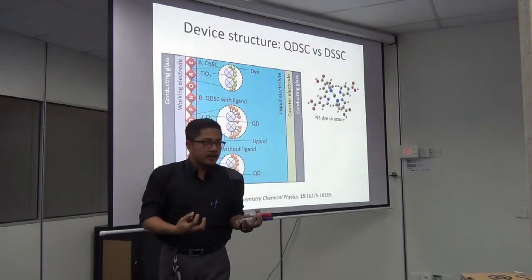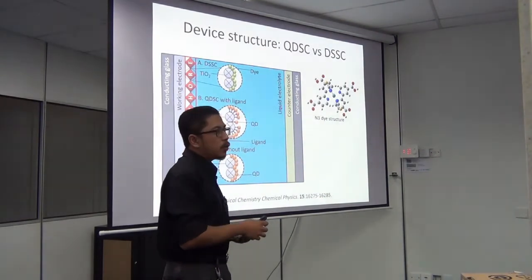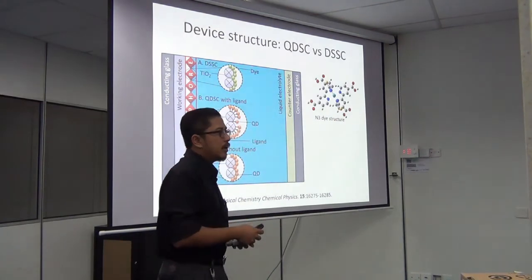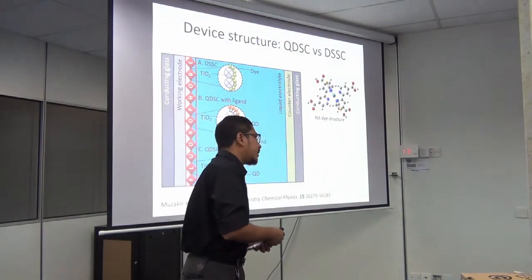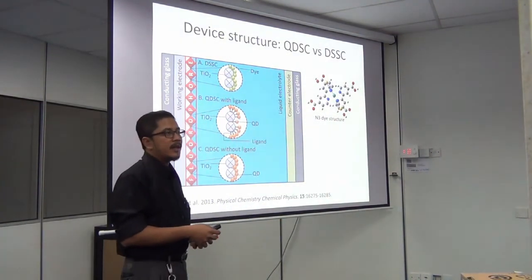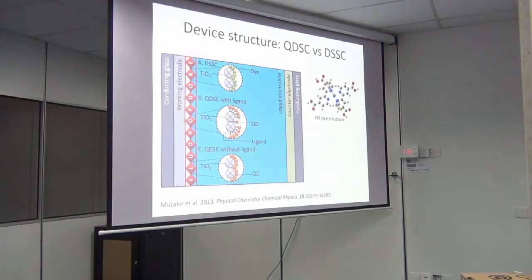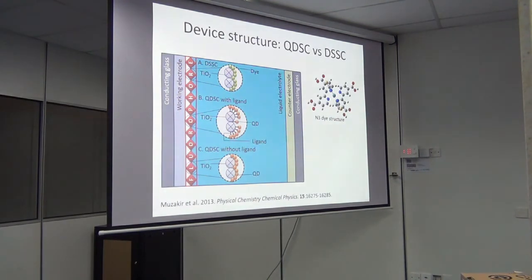A ligand is a linker. Usually we could use mercaptopropionic acid, mercaptoacetic acid, mercaptosuccinic acid. These are known as ligands. Let me write it for you. We have mercaptoacetic acid.